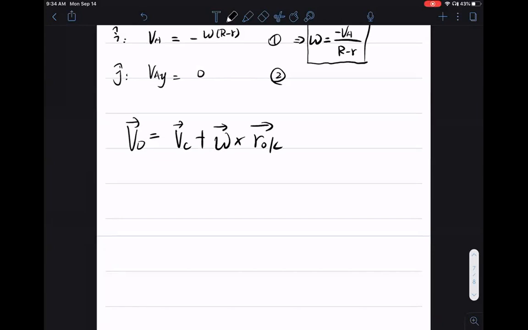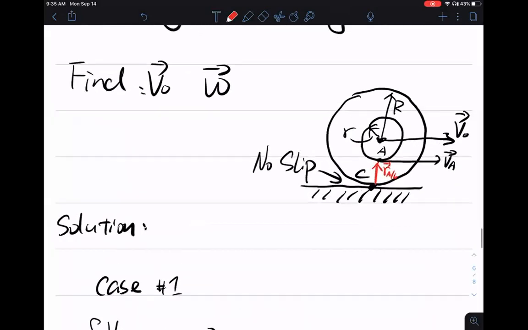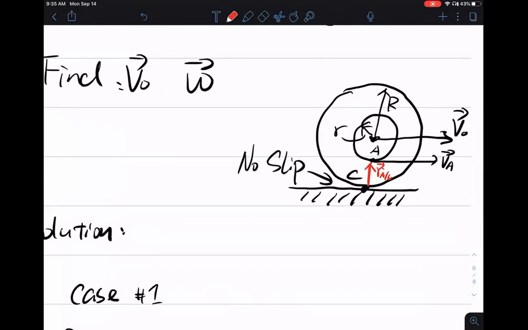What is RO/C? It's a vector. Draw that vector on the diagram. RO/C. Point O, it's over there. So RO/C is a vector starting from point C and pointing to point O. So that vector is only on j direction.